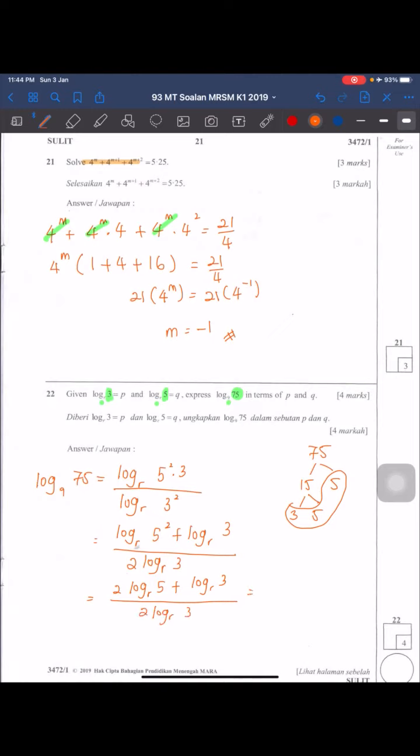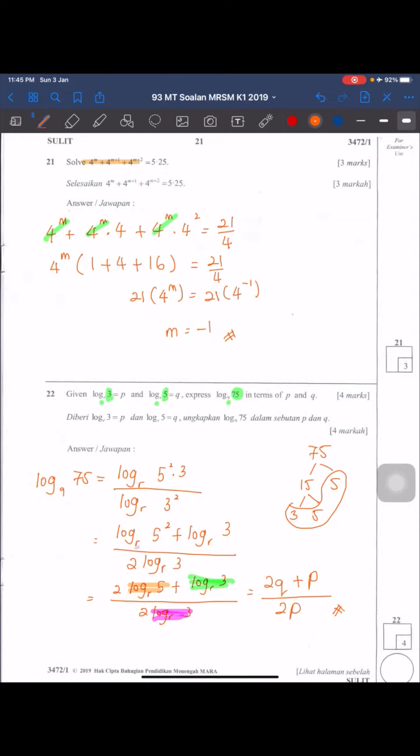So from the question we know that log R5 is Q. So 2Q plus log R3 is P. P over 2 log R3 is P. So P. So this is our final answer.